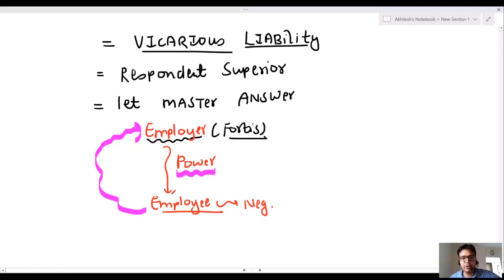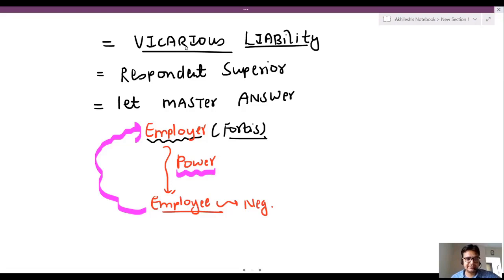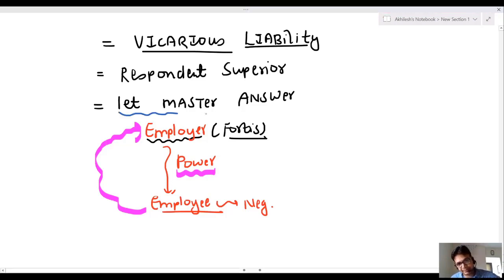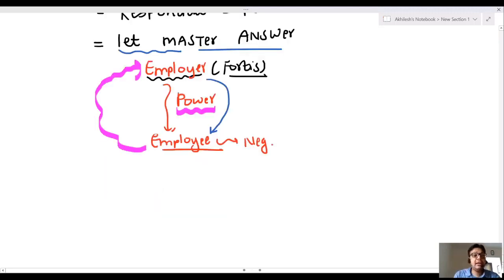That's why I told you, let the master answer. After this, it is transferred to the employee. But for this, you have to work under the power of an employer.